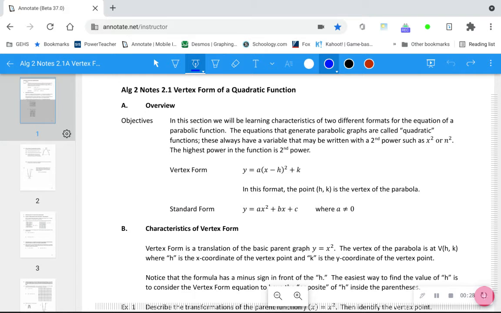So with vertex form, it might look like this. And with standard form, you're going to get something that looks like this.